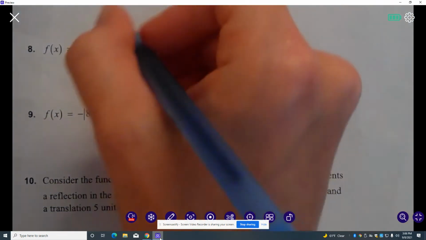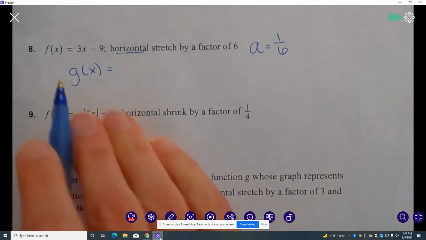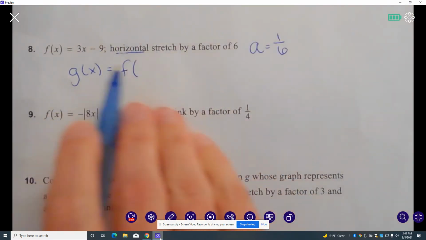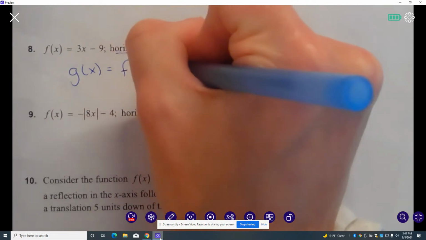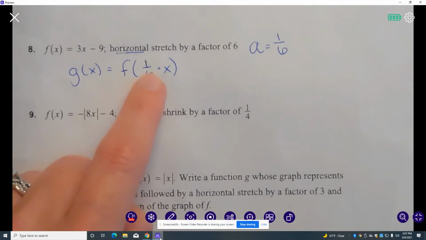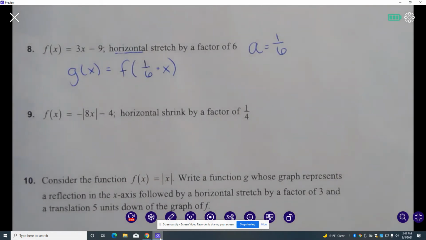So for horizontal stretches, my new function g of x will be equal to f of, I'm sorry, not f of x, f of my a value 1/6 times x. Remember, I'm multiplying that inside the function. So now I'm ready to write my new function.